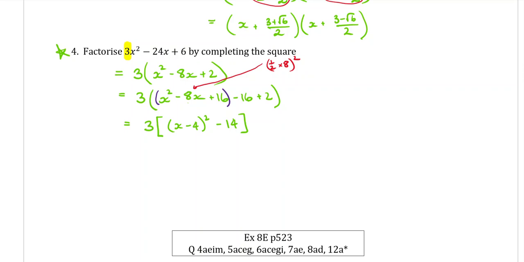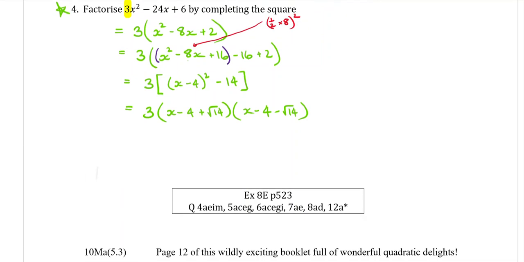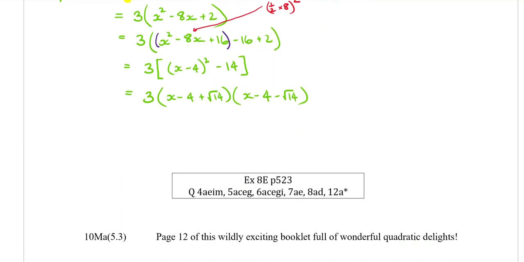And now we can do our difference of 2 squares. 3 sitting out the front, big brackets. At the beginning of each bracket, we will have x minus 4. And at the end of each bracket, we're going to square root 14. And we'll have 1 will be a plus and 1 will be a minus. And that's it. We're now ready to do exercise 8E.